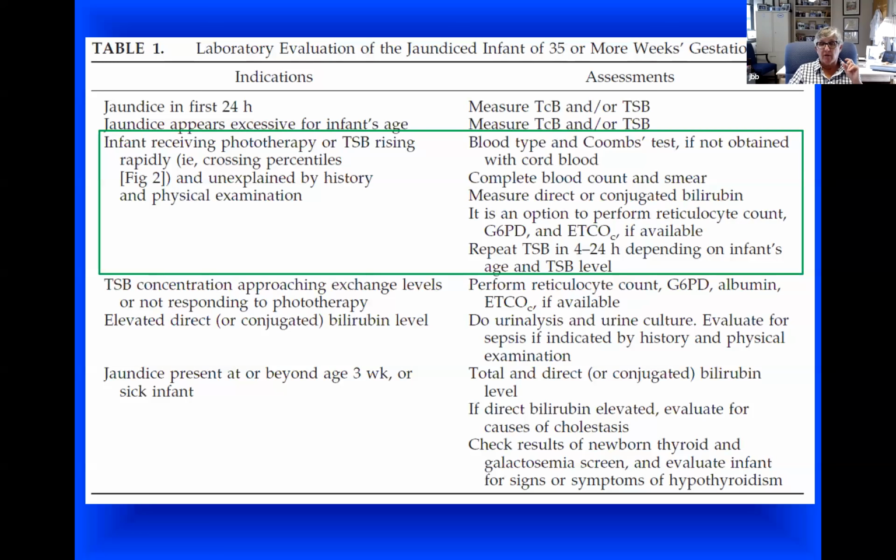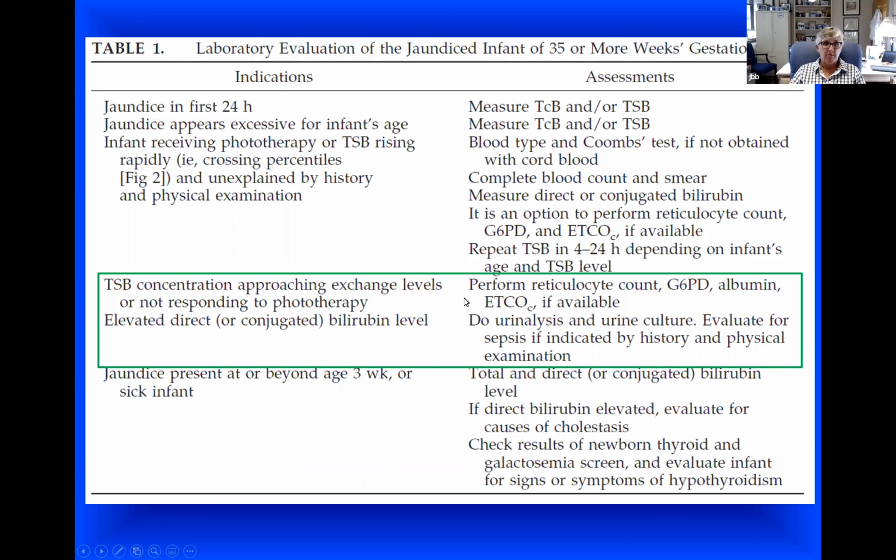You might get a reticulocyte count. Remember we talked about G6PD being a big factor you may want to measure here as well. Carbon monoxide being a byproduct of bilirubin breakdown, you may want to measure that in respiratory wise. And repeat the total serum bilirubin often, in 4 to 24 hours depending on their rate of rise.